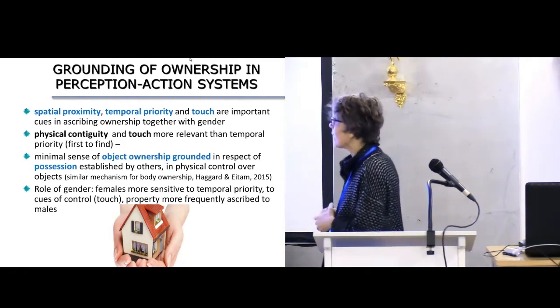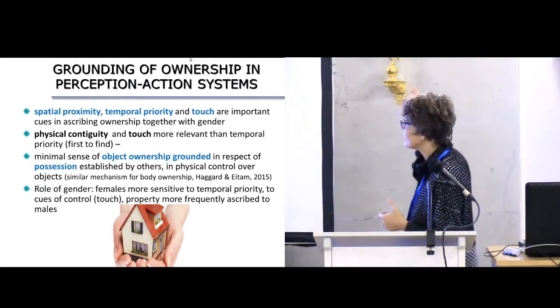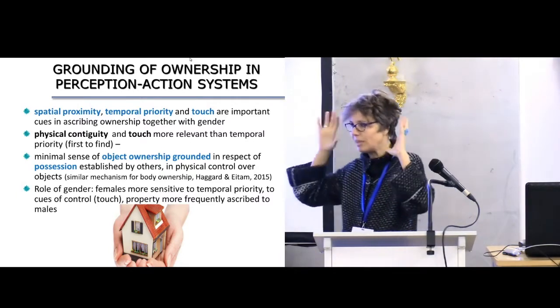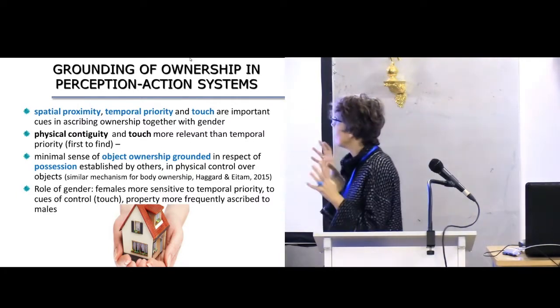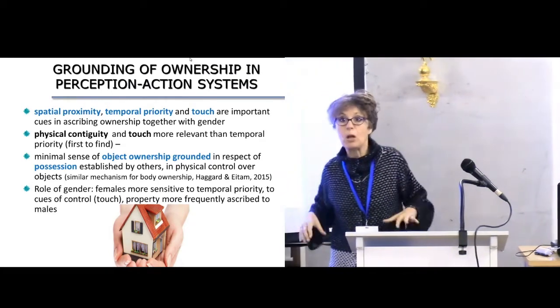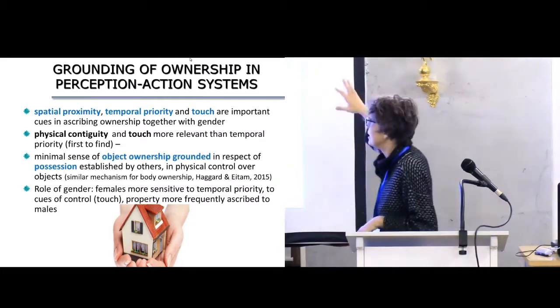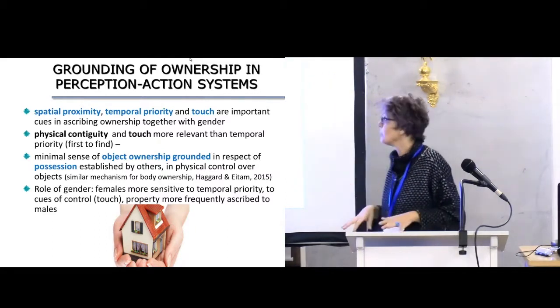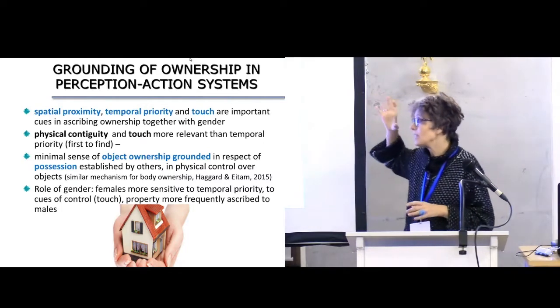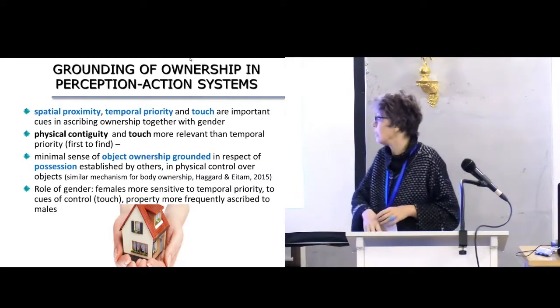And we found that physical contiguity and touch are more relevant than temporal priority. But my point here is that ownership is an abstract concept. We found that there is a minimal sense of object ownership, which is grounded in respect to possession, established by others. So basically, the idea is that ownership is based on physical control over an object.